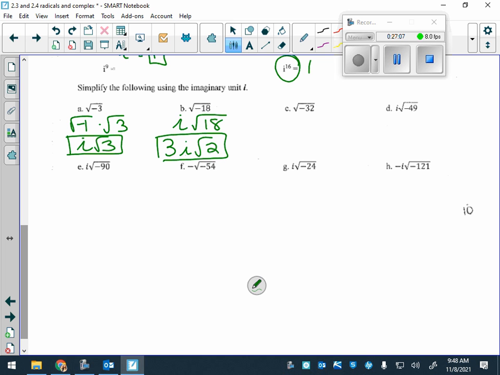Yes. Okay. How about C? In C, I see a negative. Automatically, what comes out? i. How do I simplify the square root of 32?